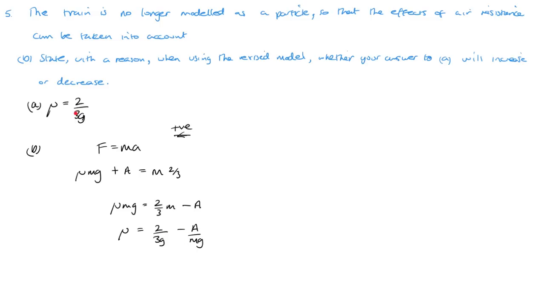So this is smaller than this. Okay, so 2 over 3g minus a over mg is smaller than 2 over 3g. So now I can say that my answer to part A, my mu, will decrease.